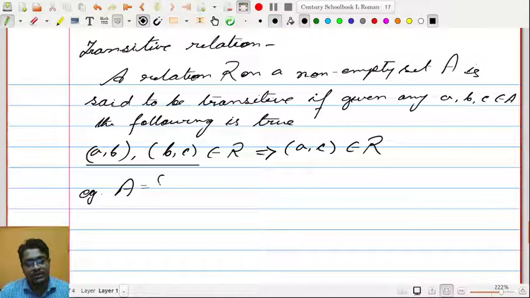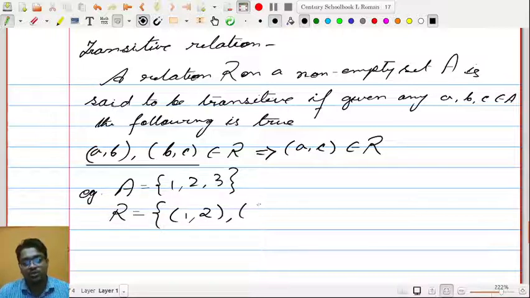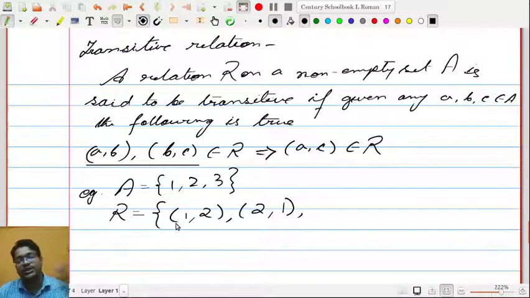suppose A is the set {1, 2, 3}, and you take R to be this: 1 is related to 2, 2 is related to 1. So I have this type of structure now: A is related to B, B is related to C. I want to construct a transitive relation. The first two elements that I have taken are 1 related to 2 and 2 related to 1.